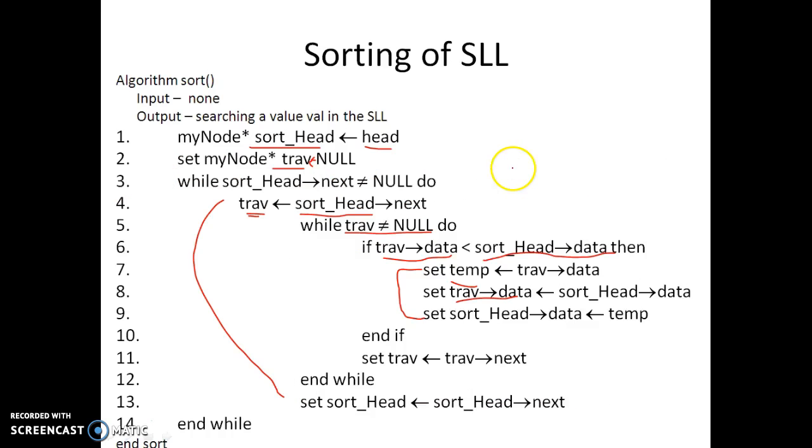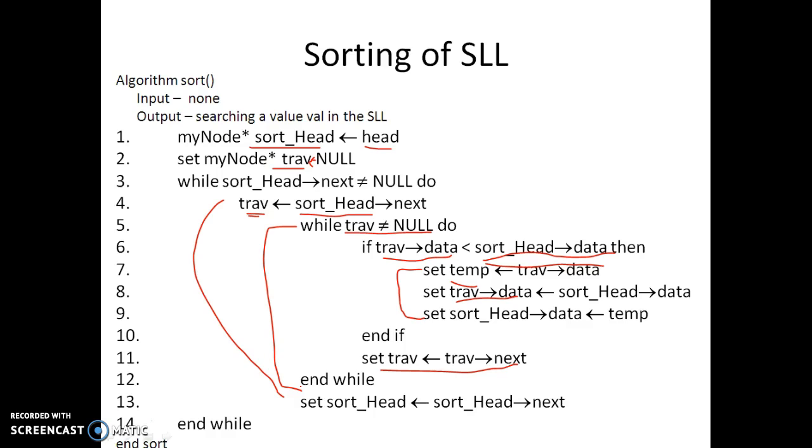So every time, if you observe, we are just moving the trav and comparing the trav with the sort head arrow data. So this is the internal loop which will compare the first element with the second, then first with the third and so on. If required, swapping will be done.